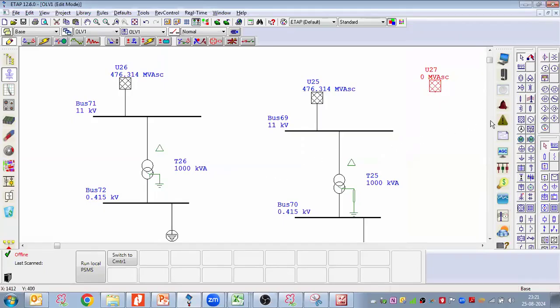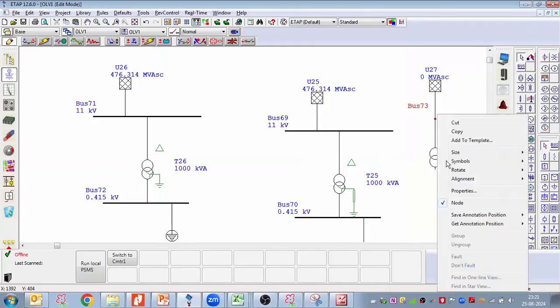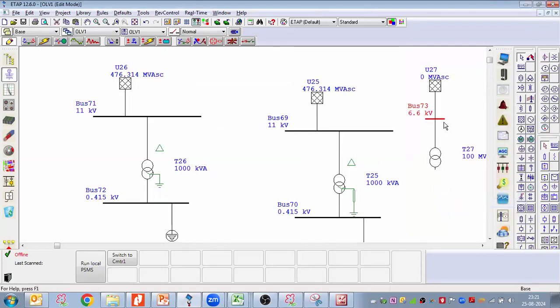If this grid is connecting to the transformer, one node will come here, and this node we represent by this bus. So here either you can go like this or like this.